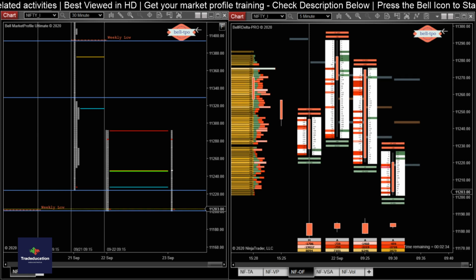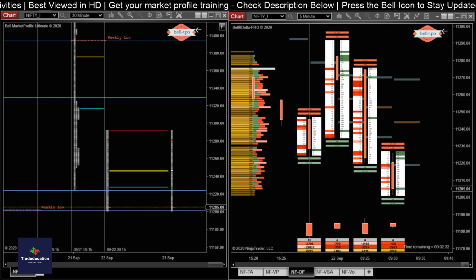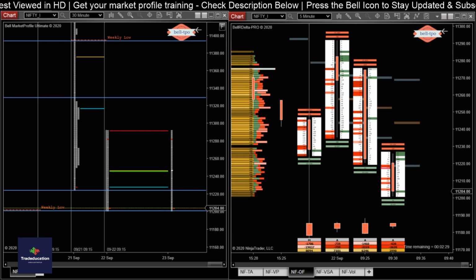Okay, so the structured low is also getting tagged. I'm expecting one more push on the downside.